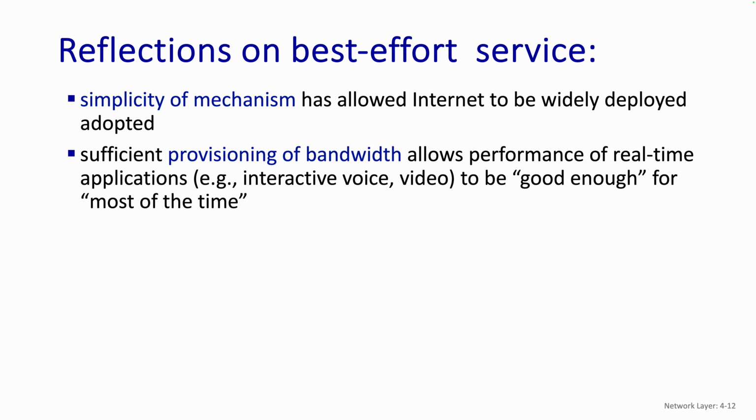We've also had the blessing of the bandwidth just continuing to grow and grow as a result. And so these real-time applications that we've become accustomed to using work well enough because we have so much bandwidth available to us. If it was really minimal, then these would just not be very good. And so they work good enough most of the time, right? Good enough is what I like to say with the internet. It's hard to compete with that when you have the simplicity, and it works pretty well most of the time.